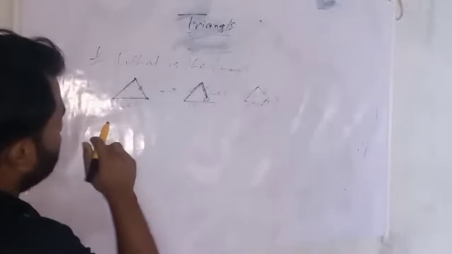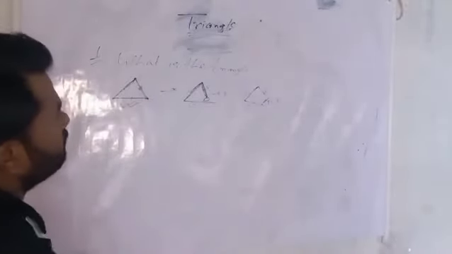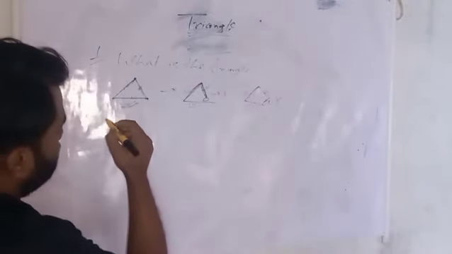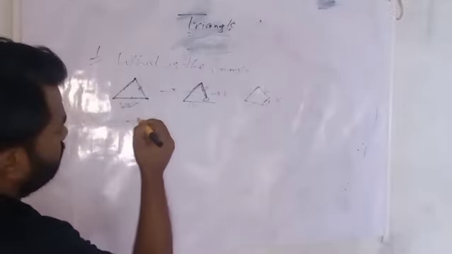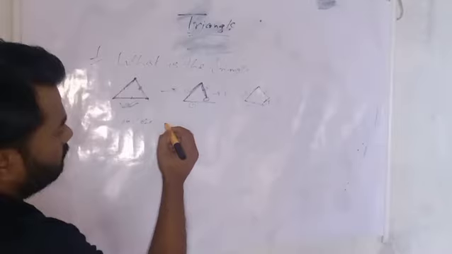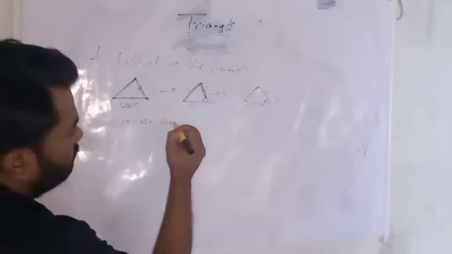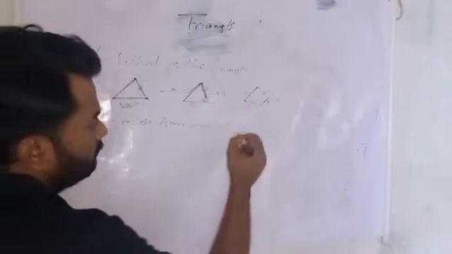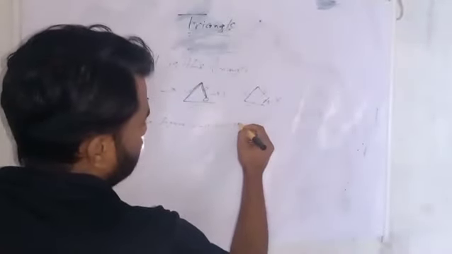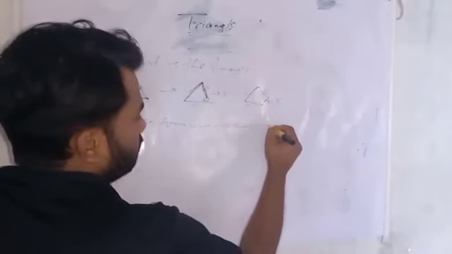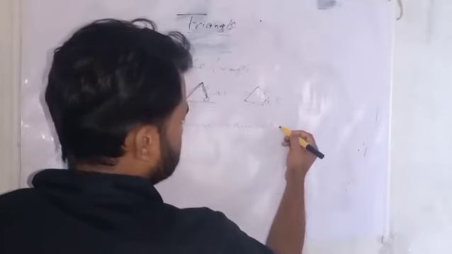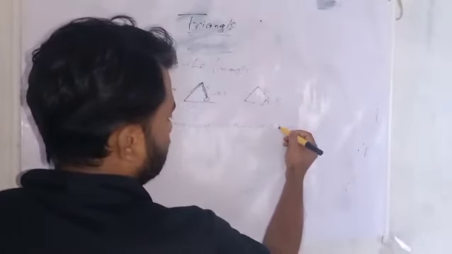So first of all, we know the definition of a triangle: an enclosed figure which has three sides and three angles.